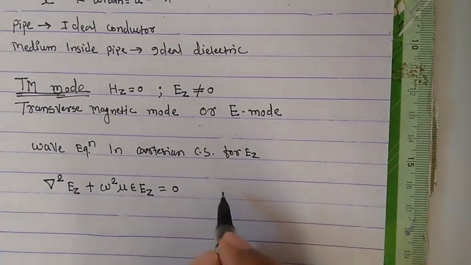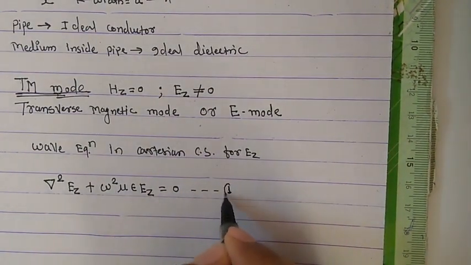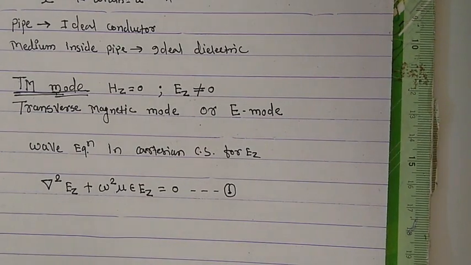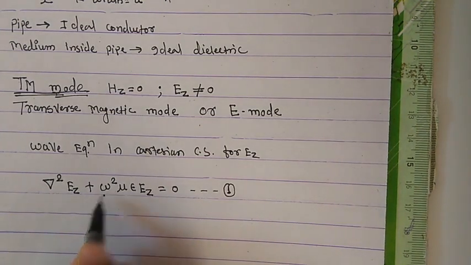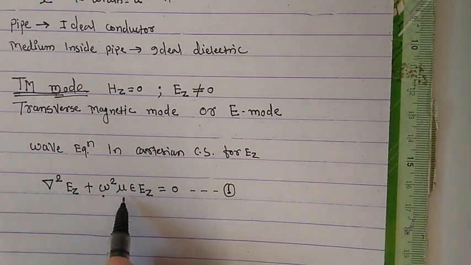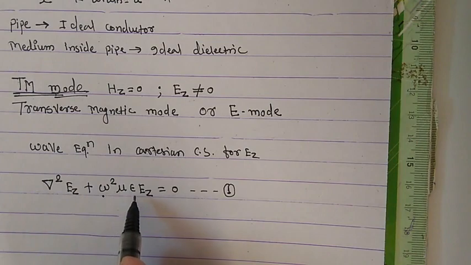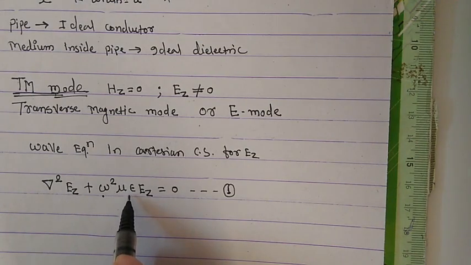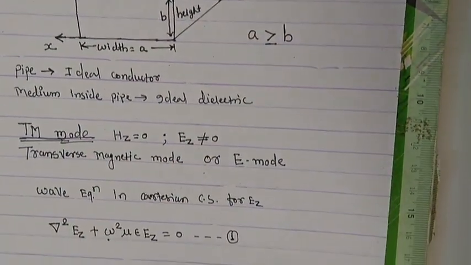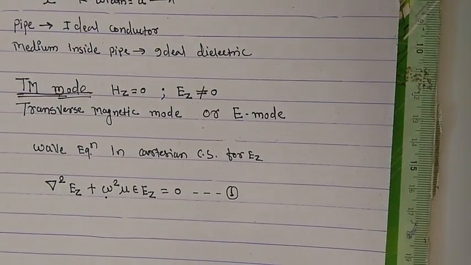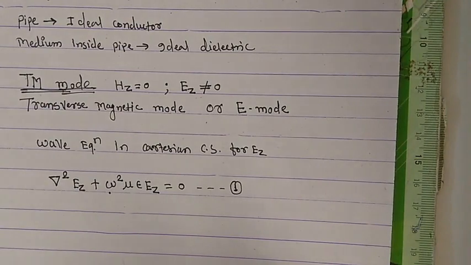So this is the wave equation for Ez in Cartesian coordinate system, in which omega is the angular frequency, mu is permeability, and epsilon is permittivity of the medium which fills the particular transmission line or waveguide.